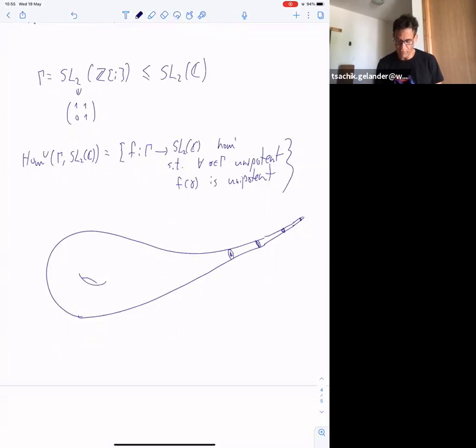But when you translate it to groups, what you do is take a deformation of this group, of this lattice, and some unipotent elements become elliptic elements.